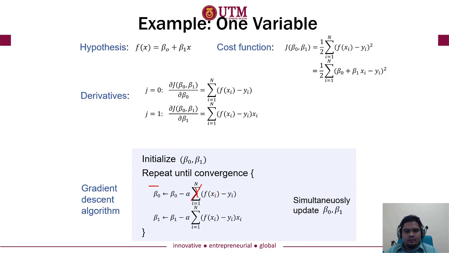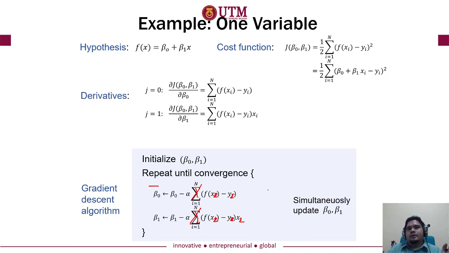But you can put this i. If you talk about the first sample, this becomes x1 y1 x1. Then in the next iteration, you take the second sample, and this becomes x2 y2 x2. So that is what we call stochastic gradient descent.